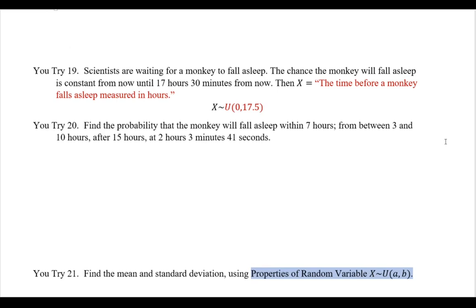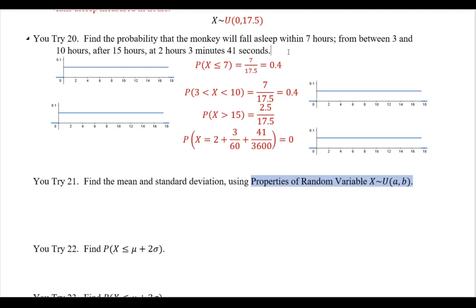And you try 20. Find the probability that the monkey will fall asleep within 7 hours, from between 3 and 10 hours, after 15 hours, and then at 2 hours, 3 minutes, and 41 seconds. Hopefully you found the same answers as I did. So the probability that the monkey fell asleep starting from 0 all the way up to 7 hours, well, that's around 40% of the entire time, or 7 over 17.5.